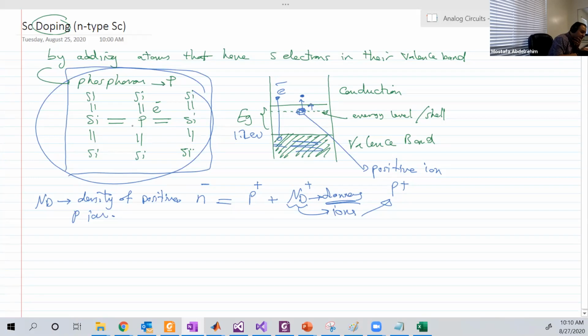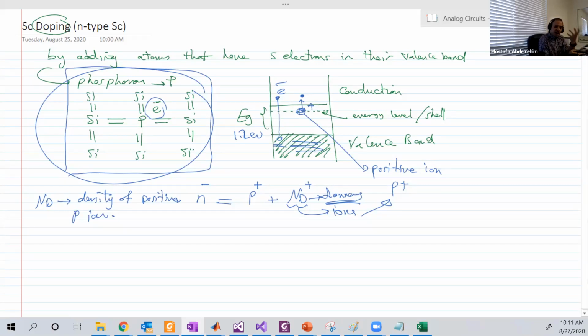Each phosphorus atom will make a covalent bond with the surrounding 4 silicon atoms, and there will be a loose electron, we can say. Electrons that can easily contribute to the conduction of current.